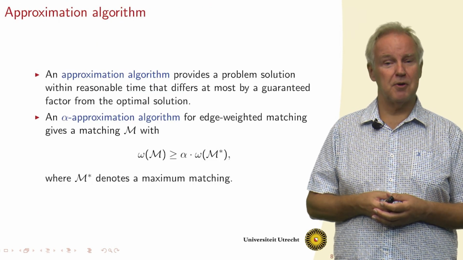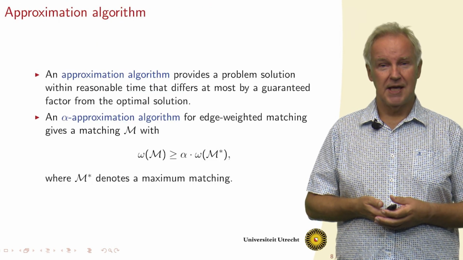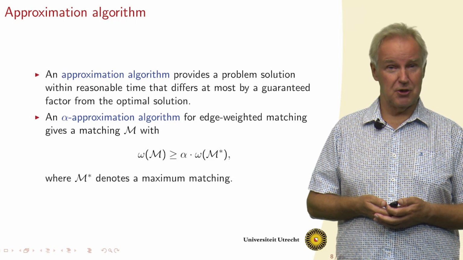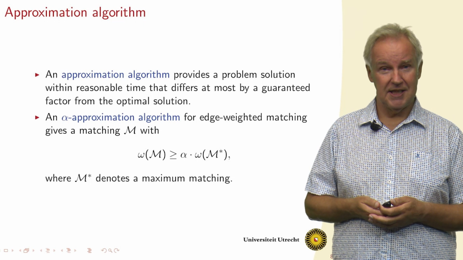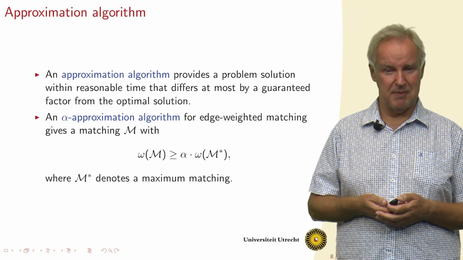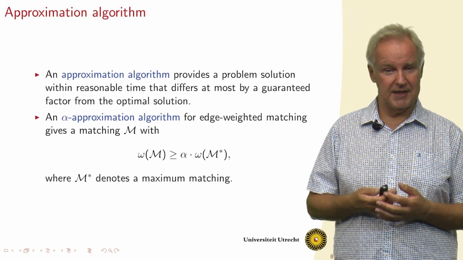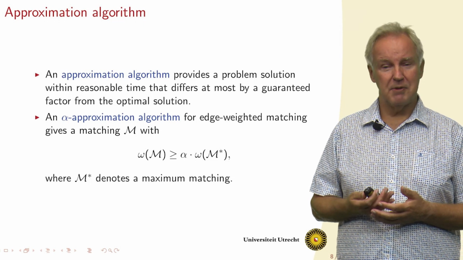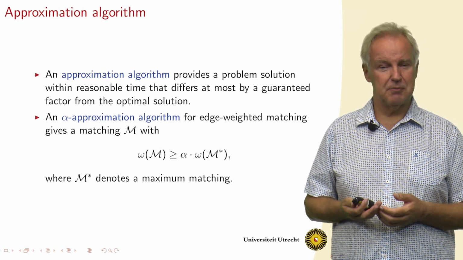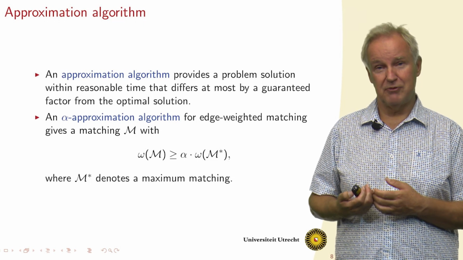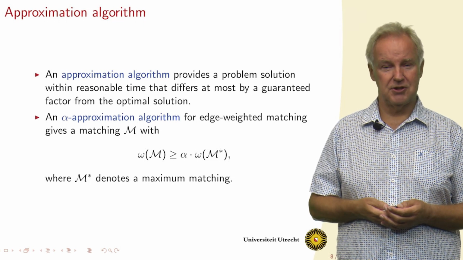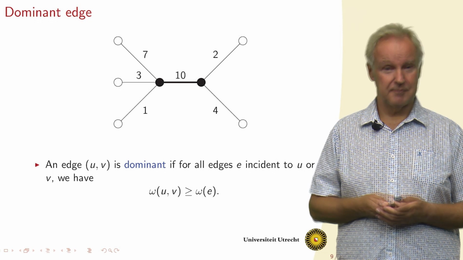So what's an approximation algorithm? It's an algorithm that solves a problem within a reasonable time, but with a guarantee of how far it is from optimality. For example, for the weighted matching problem, omega of M will be guaranteed to be alpha times the optimal solution, omega of M star. M star then denotes a maximum matching.